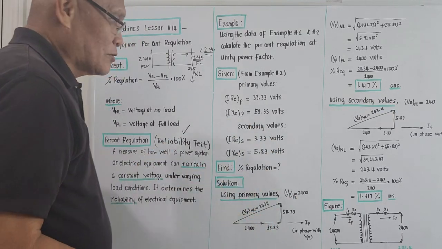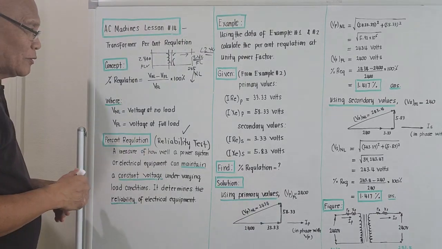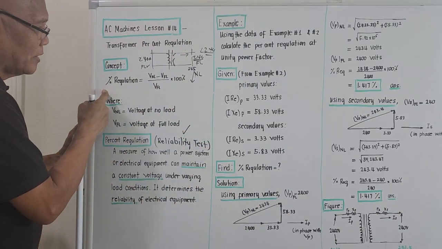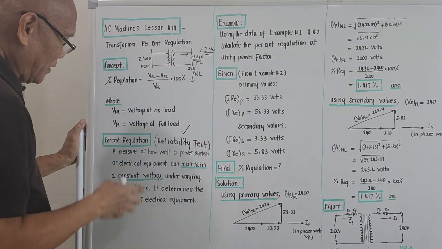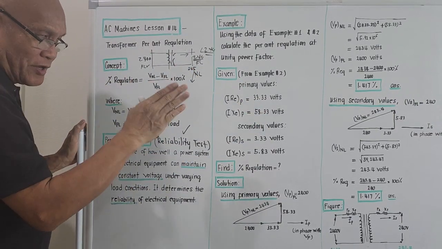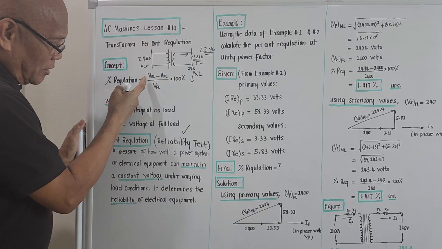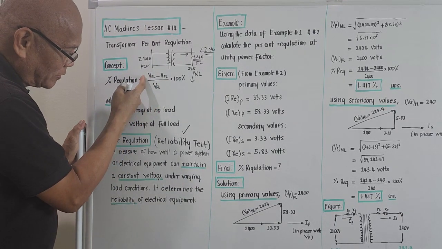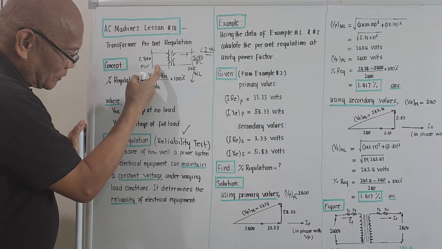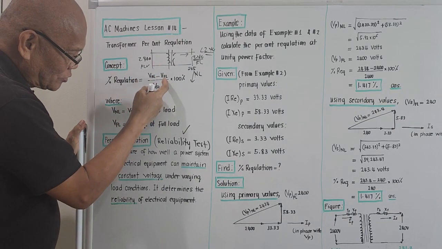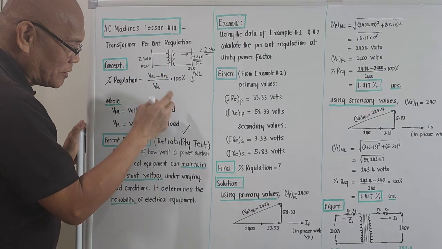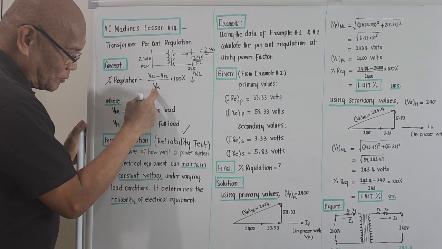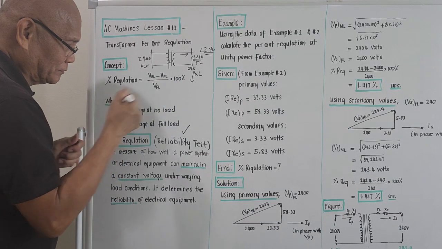Okay? So, if we now try to bring out the formula on how to compute percent regulation for a transformer, this is different from efficiency. It should be capital letter V with the subscript NL, meaning the voltage at no load, minus capital letter V with the subscript FL, not first lady, it's full load, all over V full load, times 100%.